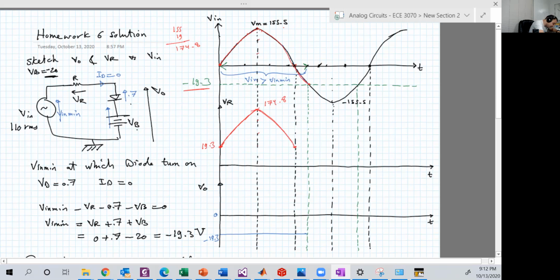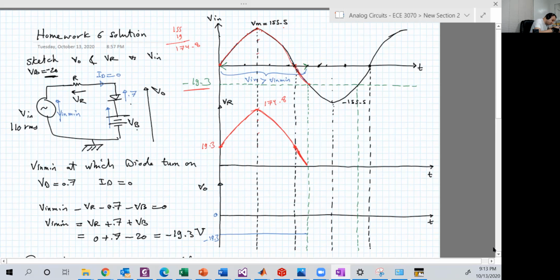So it's actually this portion here will just come up here, will be shifted up. So this part is actually this part, but shifted up by 19.3. Okay, good.